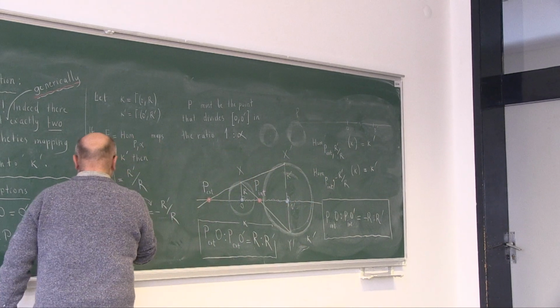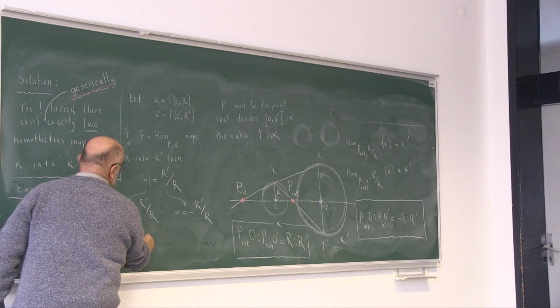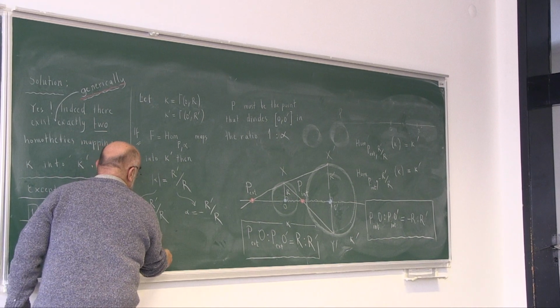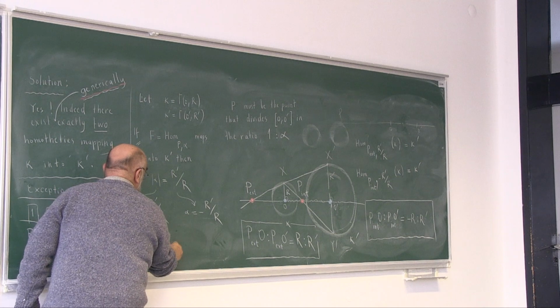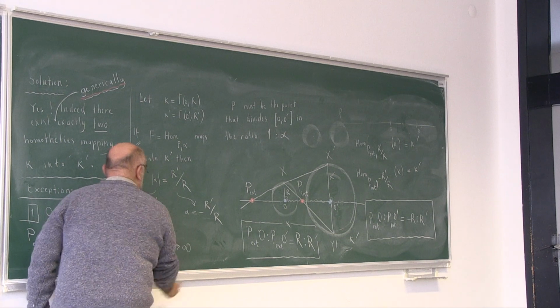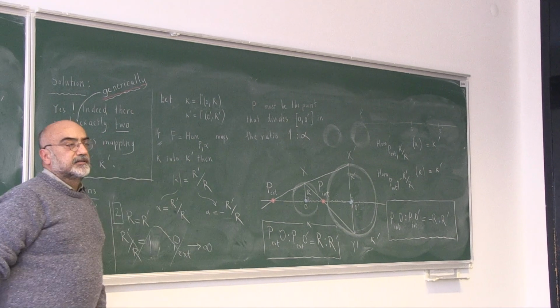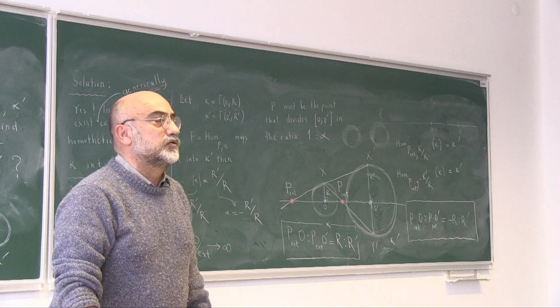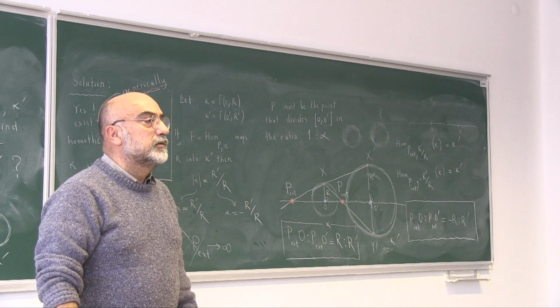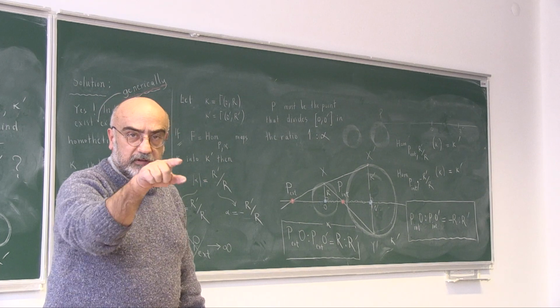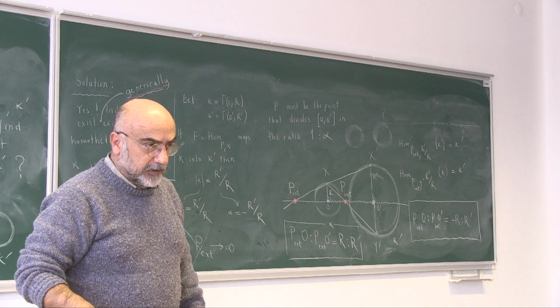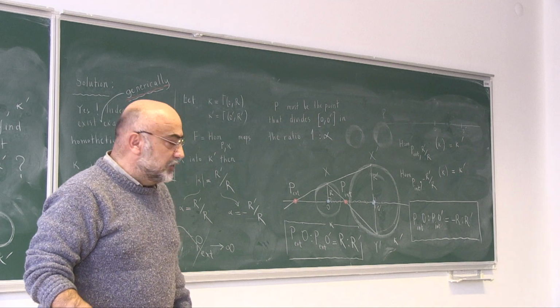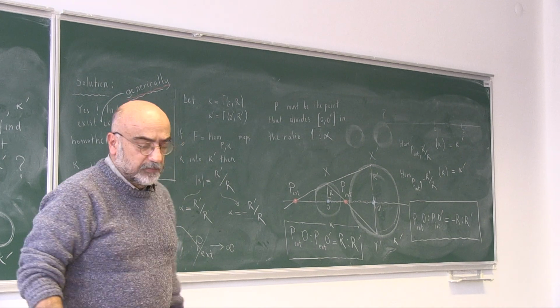So in fact, in this case, P_X has gone to infinity. Or let's say there is just no P_X. You can't construct the external central homothety. But the internal one, yes, it is there. It's the exact midpoint. That's because the internal homothety center is constructed with -1.